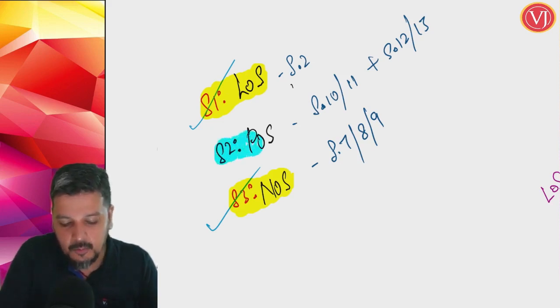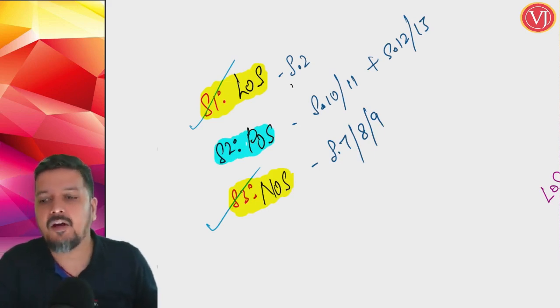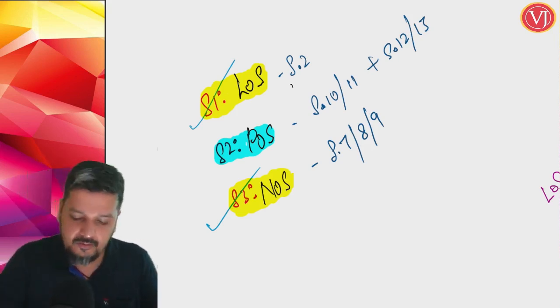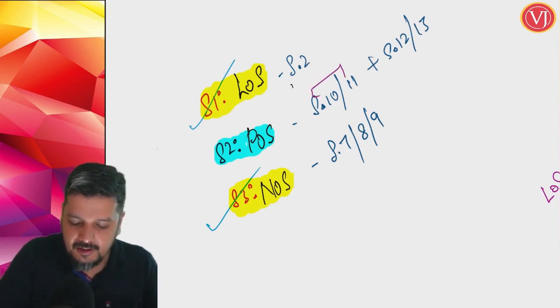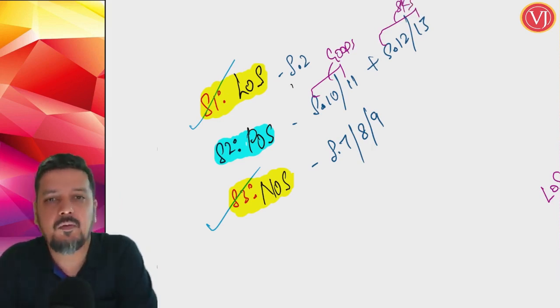What is your step 2? Place of supply. When you talk about place of supply, section 10 and section 11 deal with goods. Section 12 and section 13 deal with services. Place of supply for goods is discussed in section 10 and section 11, and place of supply for services is discussed in section 12 and section 13.